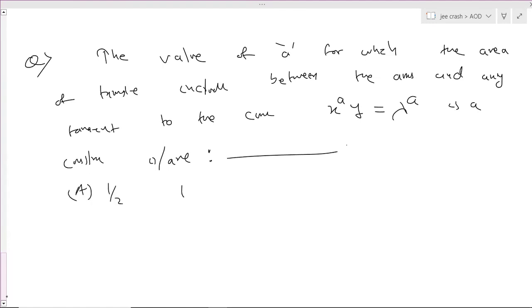Option A is 1 by 2, B is 1, C is 3 by 2, D is 2.